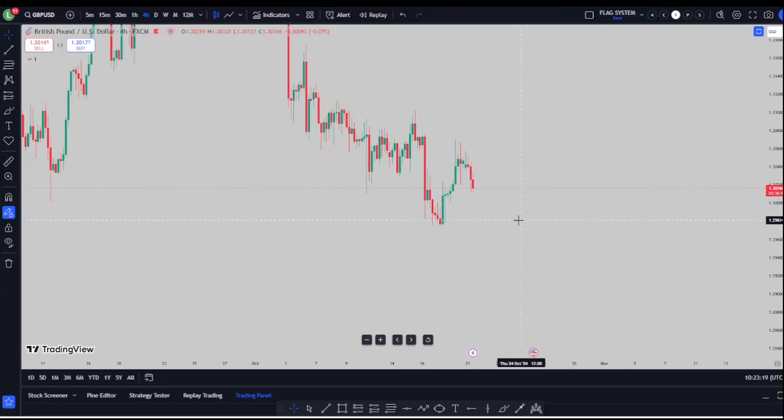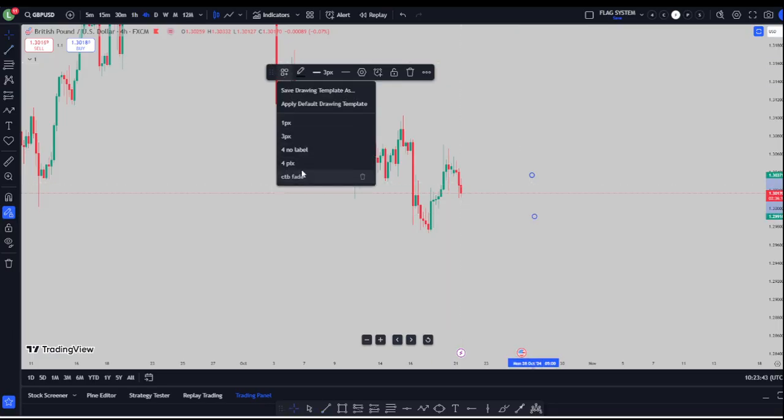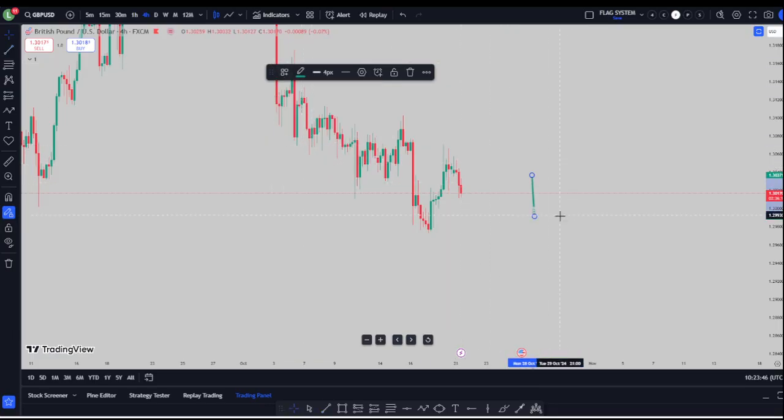If you look at what the structure of the market is doing currently on 4 hours time frame, you agree with me that when market is trending down like this, we're having lower high, lower low.